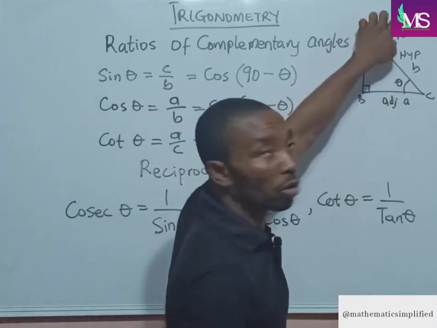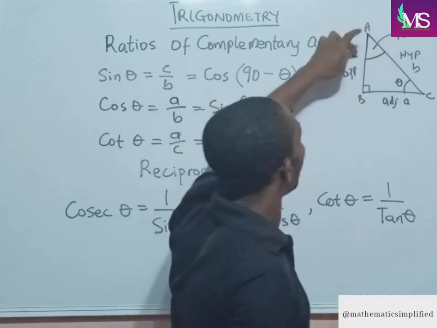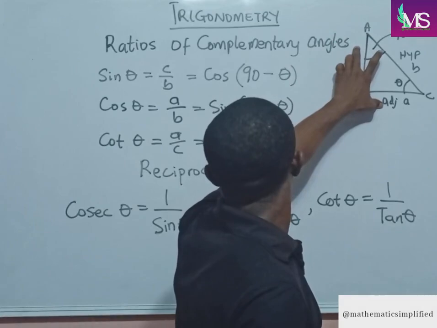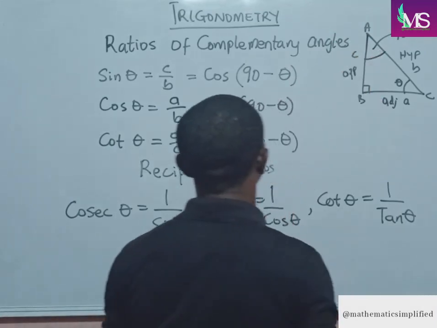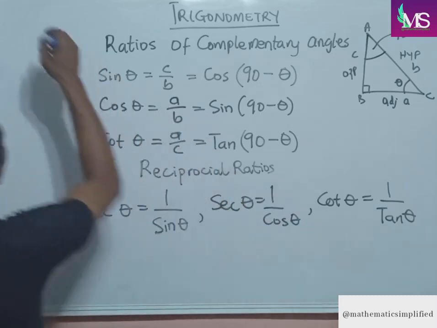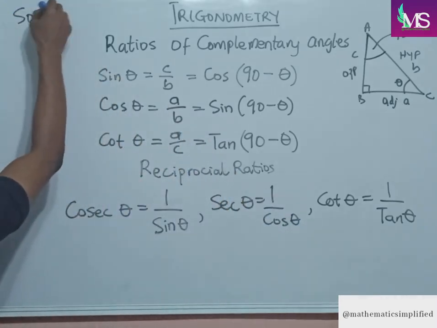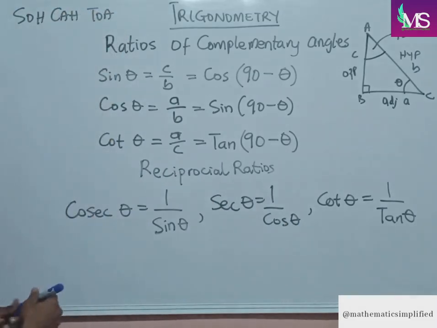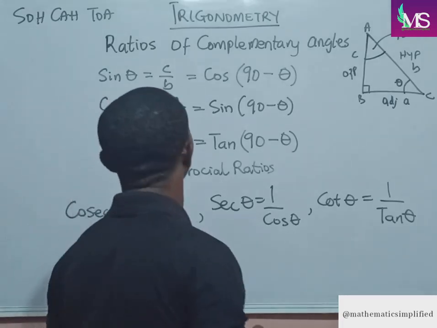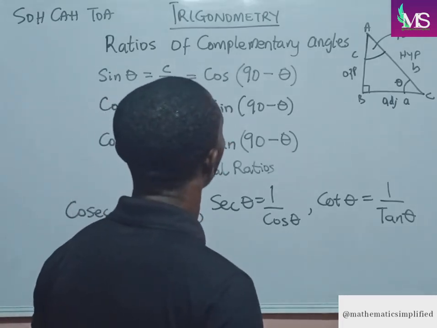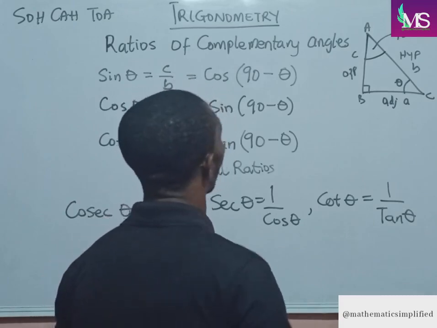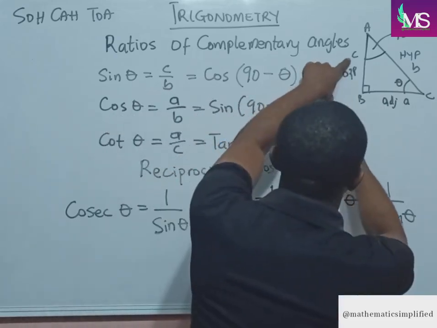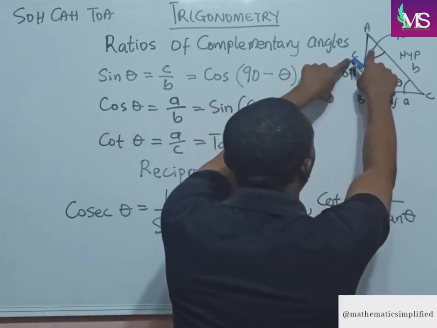Choosing this complementary angle of 90 minus theta, c becomes our adjacent and a becomes our opposite. Remember our rule, SOH-CAH-TOA: adjacent over hypotenuse will become c over b, using this angle now.